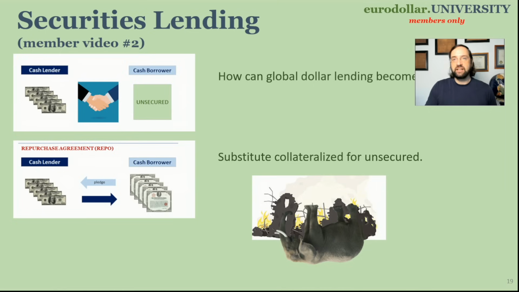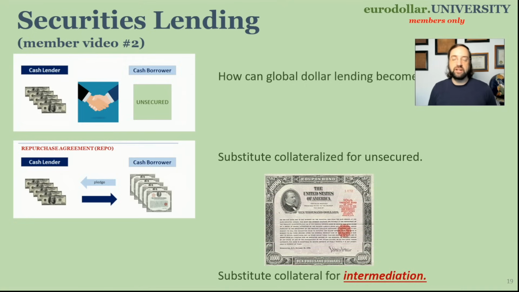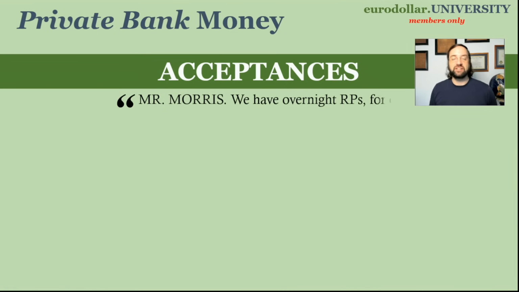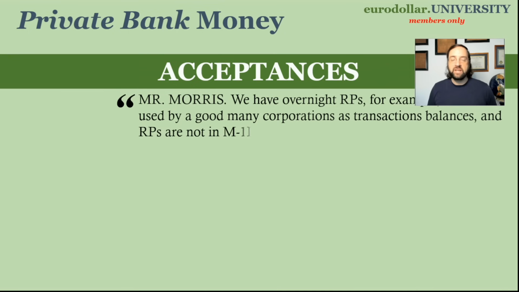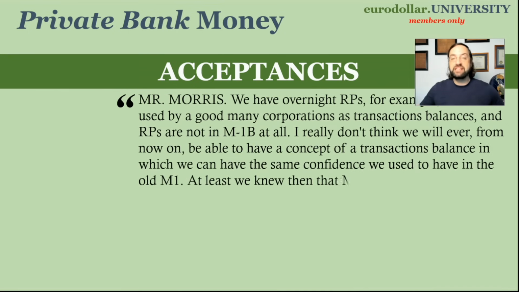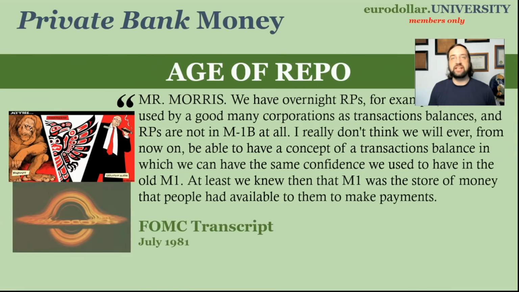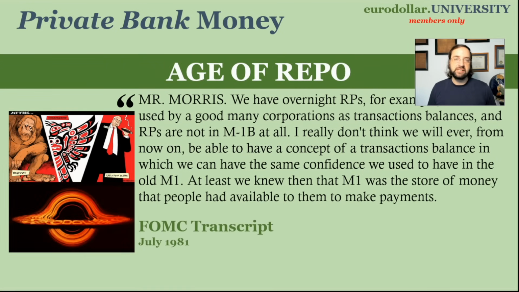However, if instead I make an obligation and I'm using the collateral of something like a U.S. Treasury, the requirement for intermediation becomes much, much less. And in fact, it becomes much, much easier to grow. So as we have all of these Eurodollar fabrics, the Eurodollar threads begin to come together under the Eurodollar umbrella in the 60s and into the 1970s in particular, among them we have this thing called repo.